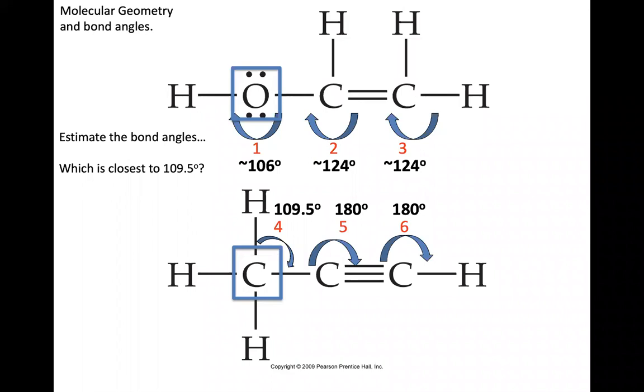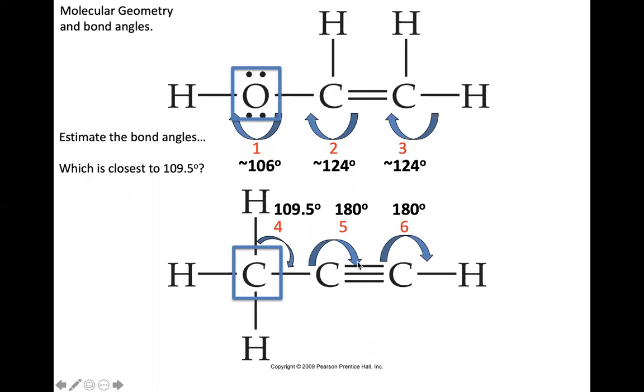I think this would be 120, 120, 120 if they were all single bonds. But the double bond takes up a little bit more space, and it's squishing this hydrogen, carbon, hydrogen one a little bit closer together. This angle is getting a little bit larger. This angle is getting a little bit smaller. That's how I make sense of angles 2 and 3.